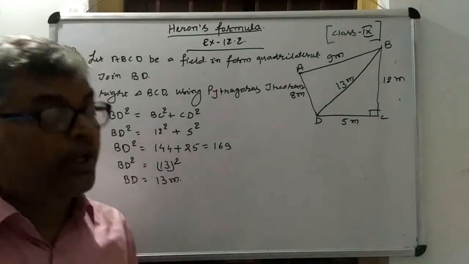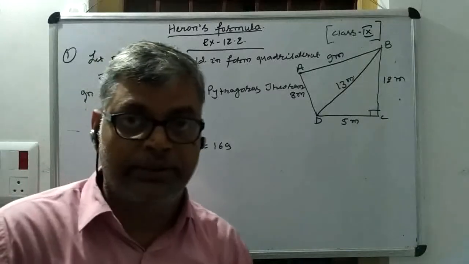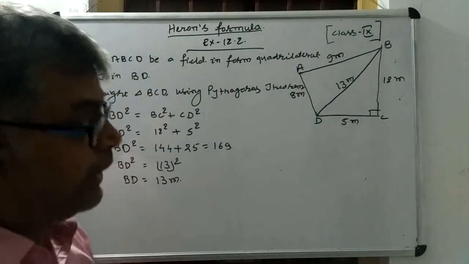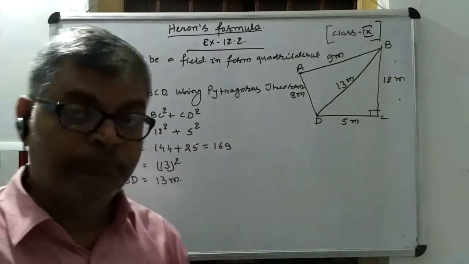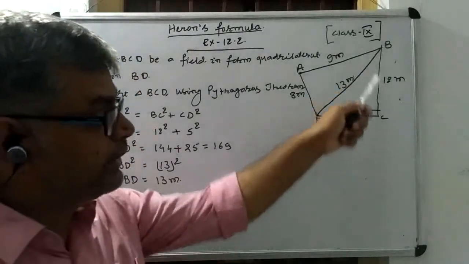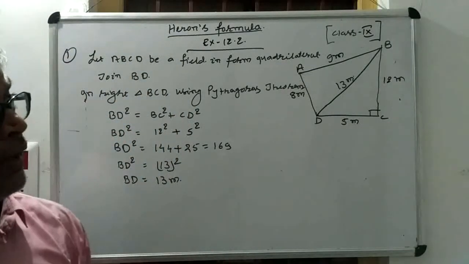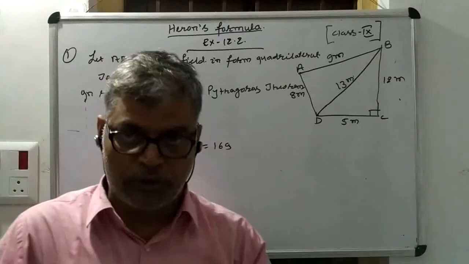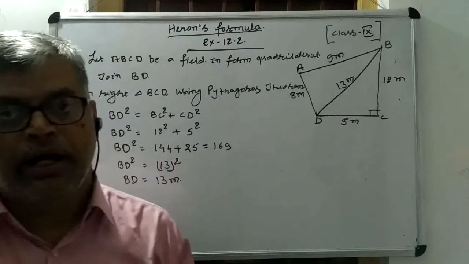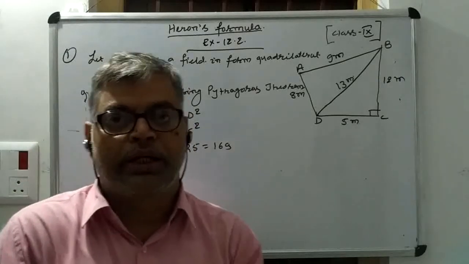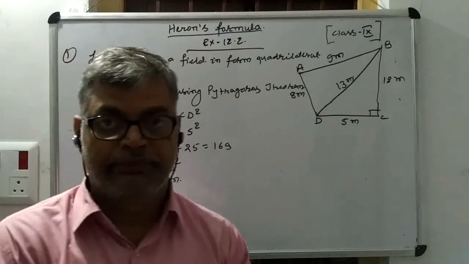Now you can see that we have all three sides of both triangles in the quadrilateral. We got all three sides of triangle ABD, and we got all three sides of triangle BCD also. So now we can apply Heron's formula for both triangles separately and calculate the area, and after adding them together we can get the area of this quadrilateral field.